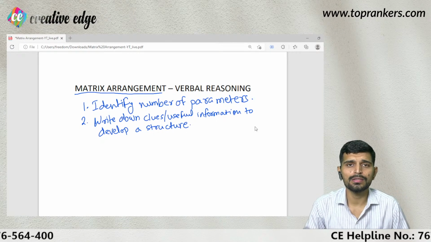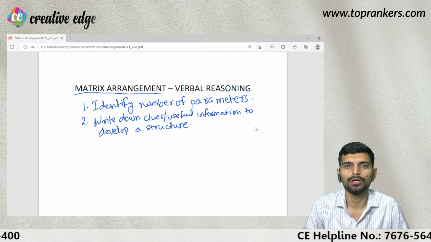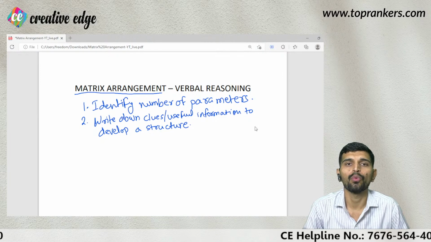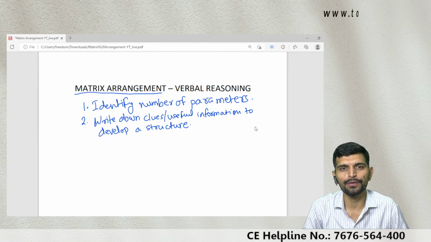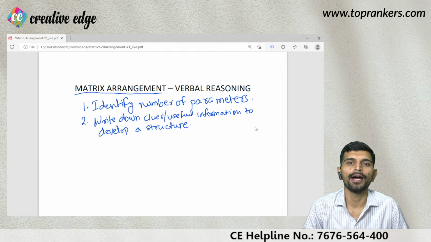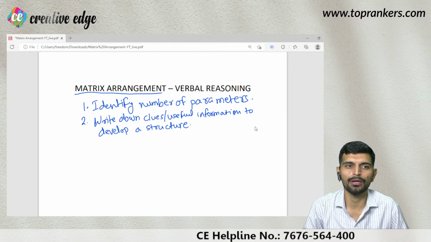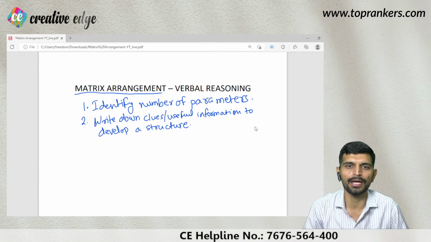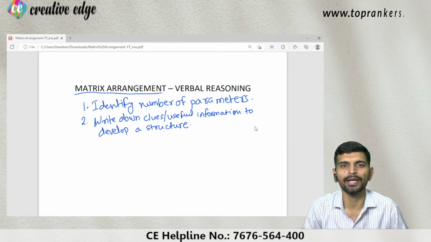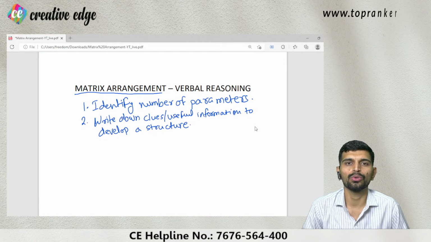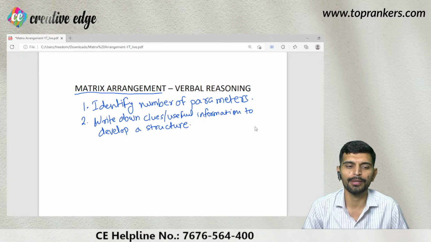When I say this, write down clues or useful information to develop a structure. What I mean is, आपके पास पैराग्राफ के फॉर्म में या पॉइंट वाइज बहुत सारी इंफॉर्मेशन होती है. एट टाइम्स वो सारी इंफॉर्मेशन हम एब्जॉर्ब नहीं कर पाते हैं, या फिर हमें फ्रिक्वेंटली रिग्रेस करना पड़ता है, पैसेज जाकर बार बार रीड करना पड़ता है, और इसमें थोड़ा सा ज्यादा ही टाइम कंज्यूम हो रहा होता है. तो उसे अवॉइड करने के लिए हम पहले क्या करते हैं, हम आइडेंटिफाई कर लेते हैं नंबर ऑफ पैरामीटर्स.